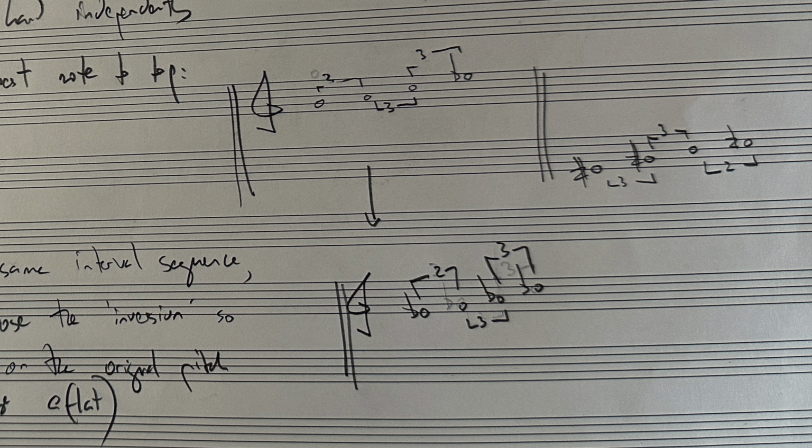So the inversion is to take 4, 2, 3, and end up with 2, 3, 3 in the right hand. Does that make sense? That's what I meant by bumping it down.